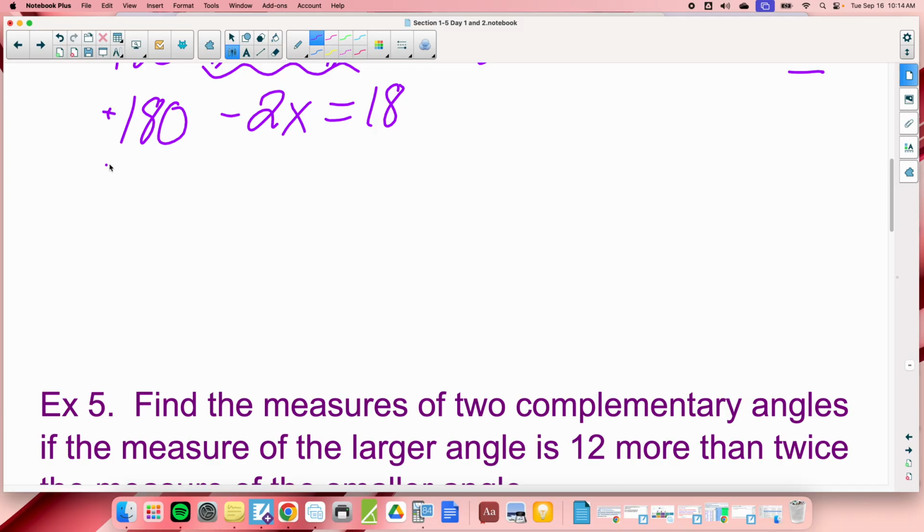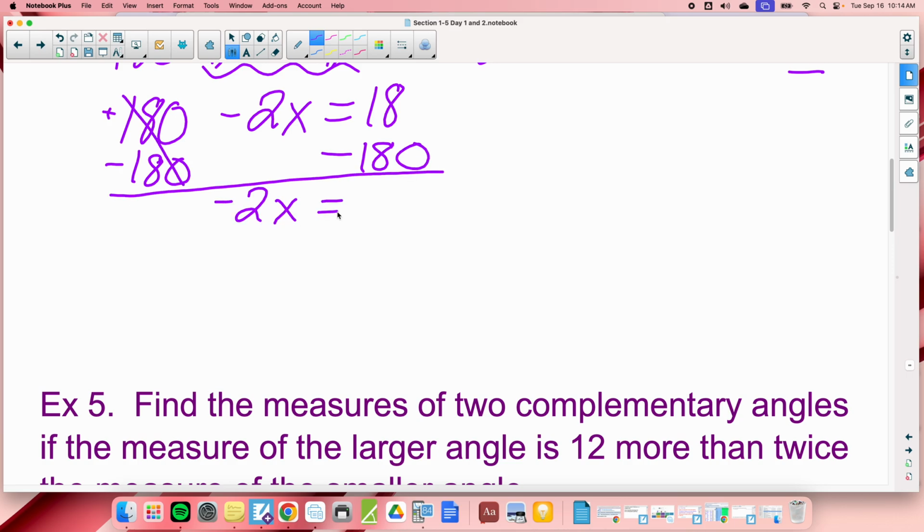This is a positive 180, so I'm going to subtract it. And I get negative 2x equals negative 162. Divide by negative 2. And x is 81.